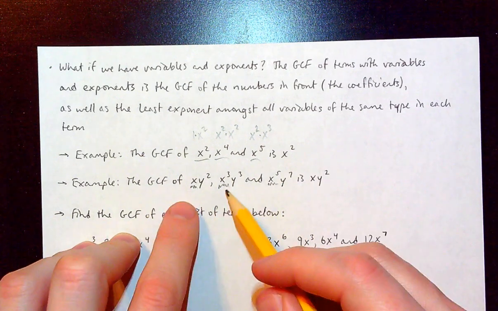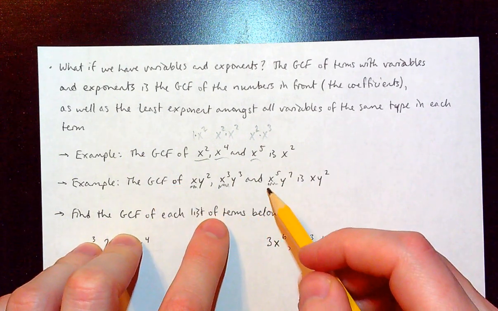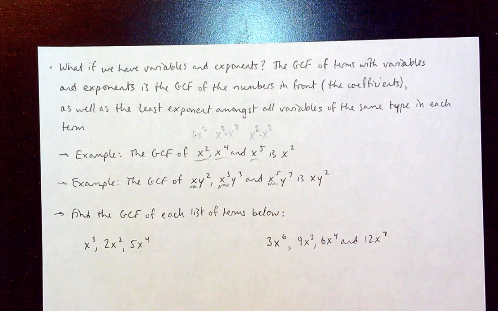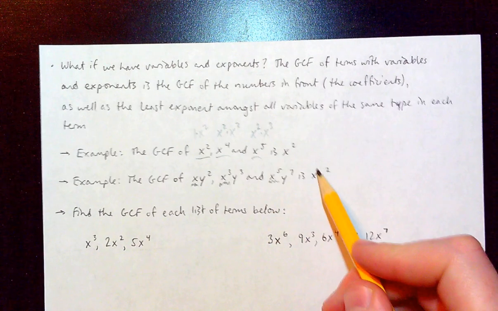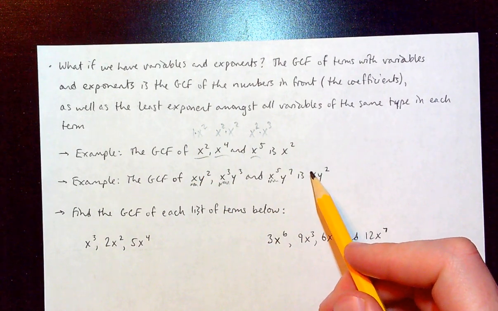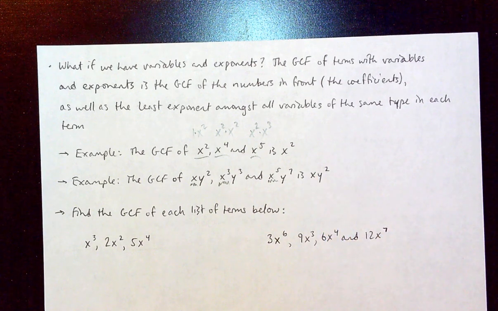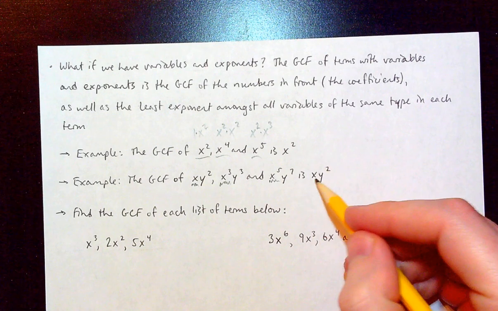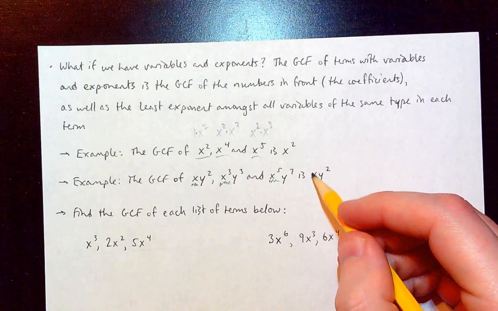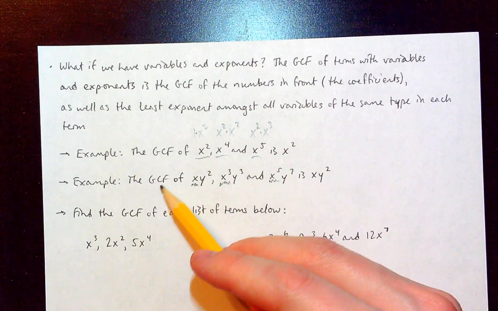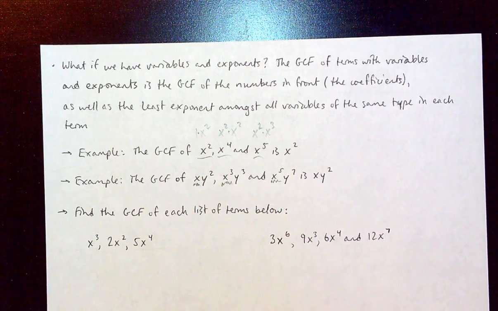I have the x, the x cubed, and the x to the fifth. What is the smallest exponent on the x variable? It's the exponent of 1. So x raised to the first power, or just x, is what is going to be involved in my GCF of these terms.